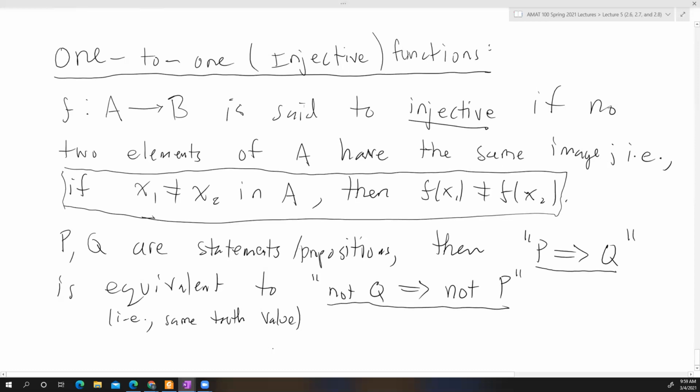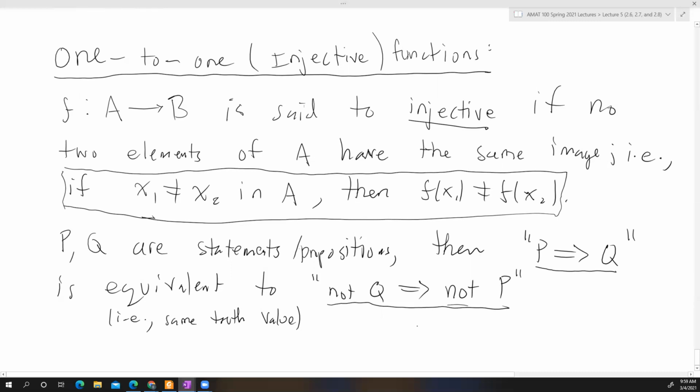So for example, if it is raining, then the ground is wet. That's equivalent to if the ground is not wet, then it is not raining.